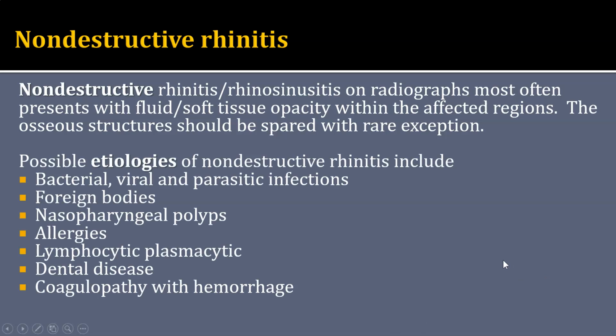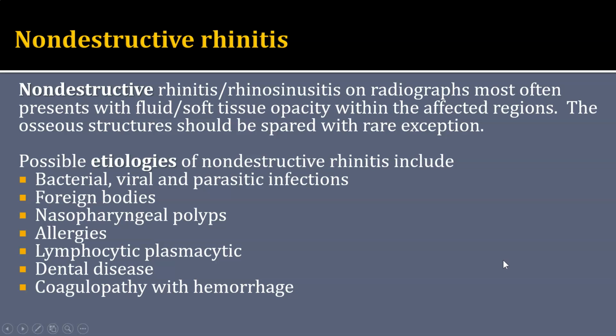There are a lot of potential etiologies for non-destructive rhinitis that I've listed here. It can include infections or foreign bodies. In the cat, specifically, remember nasopharyngeal polyps. Allergies and lymphocytic, plasmacytic rhinitis occur. Dental disease, and certainly I'm not going to talk about dental disease in dogs and cats.